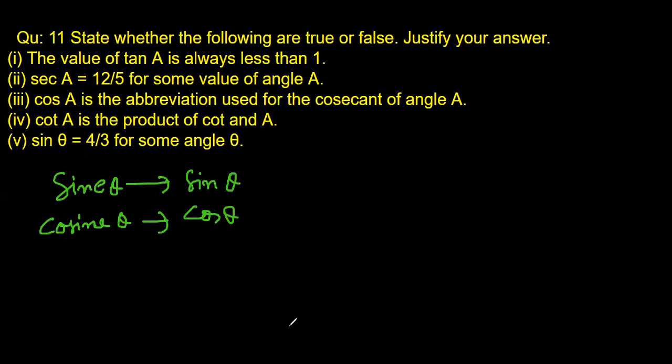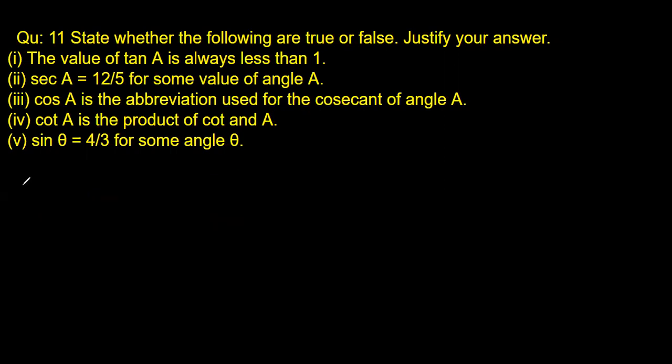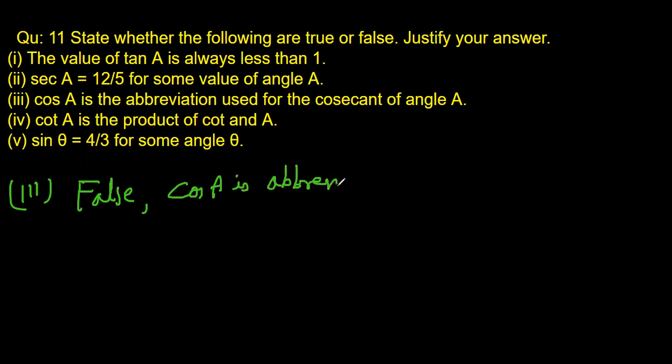So that means the third statement is false. And the justification: cos A is the abbreviation for cosine of A. So the third is also done.